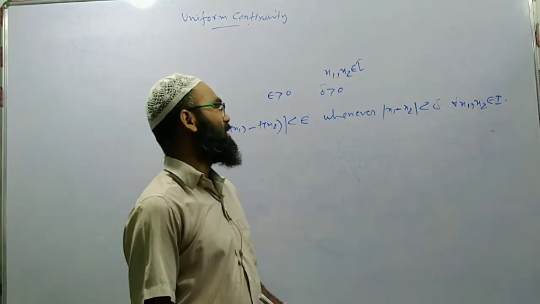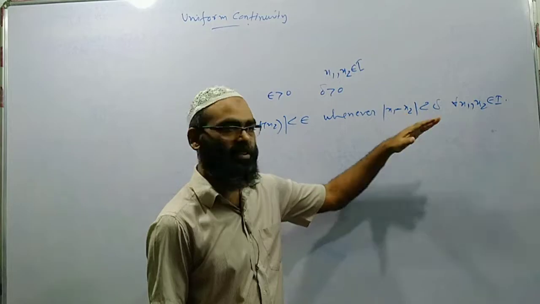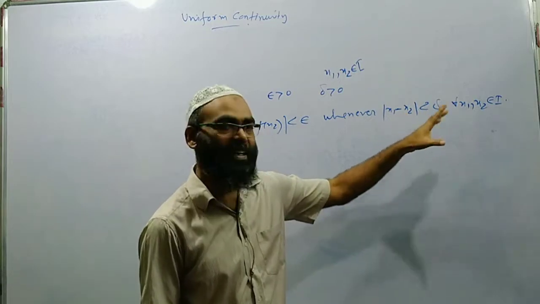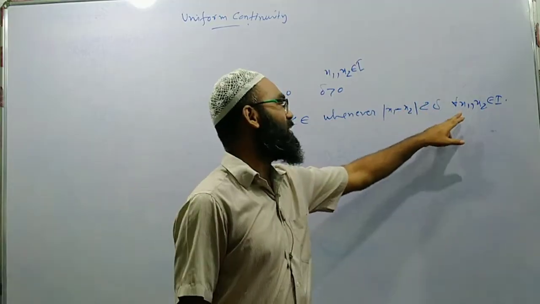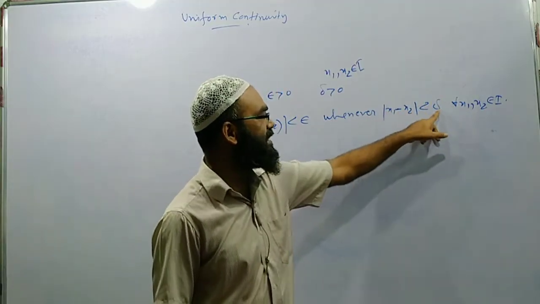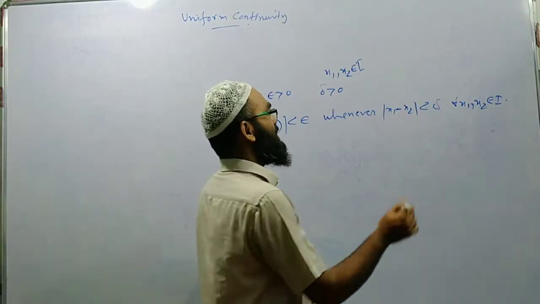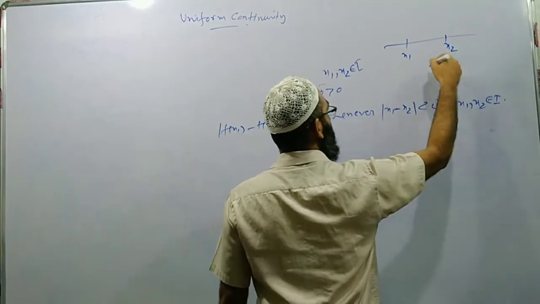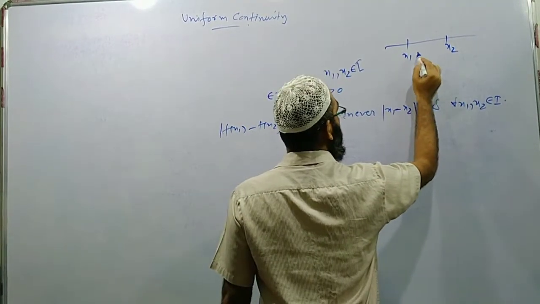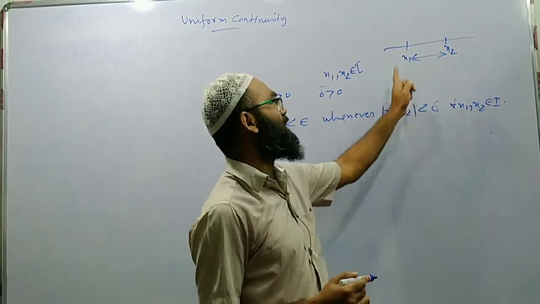Here observe that x1 and x2 are arbitrary points of the interval I, and this is the distance between the points x1 and x2. On the real line, this is the point x1, suppose this is the point x2, and this is the distance of x1 and x2.